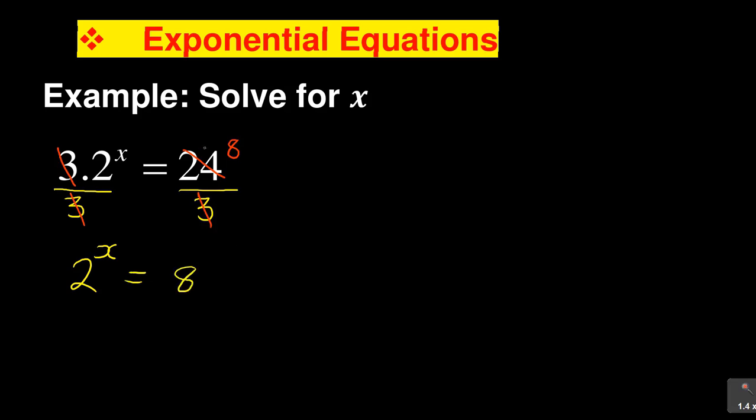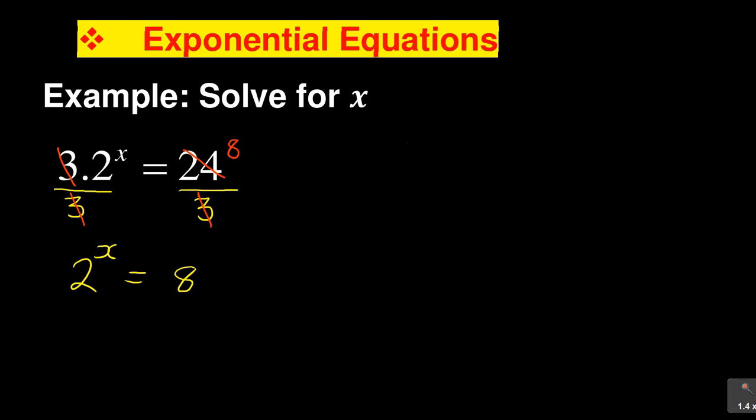So you see, this is how the whole challenge was. It was this particular 3 which was complicating everything. Now when you have got this, you are left with 8. Now you have to write 8 in terms of 2, and the main aim is for you to match the exponents.